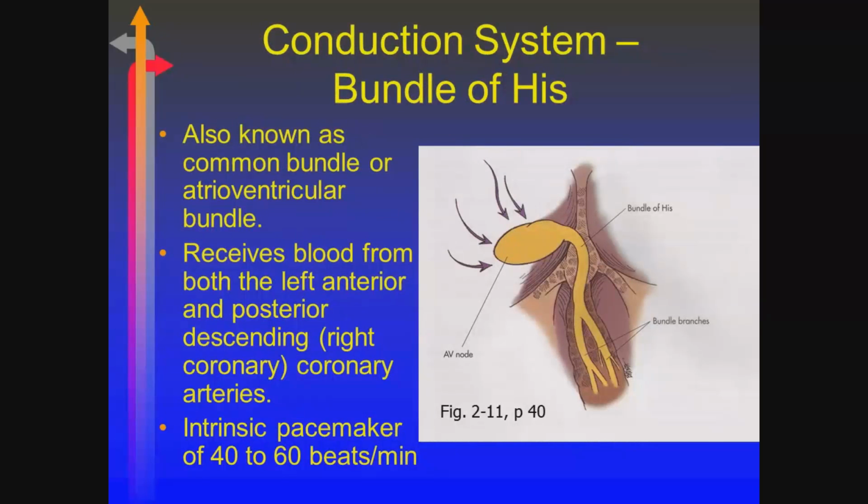Then the other portion of the AV node is the bundle of His, and again, it allows for a delay to allow the atria to fill. This is where also the impulse would originate if the sinus node were to not function. The AV bundle has the ability to function at a rate of 40 to 60.